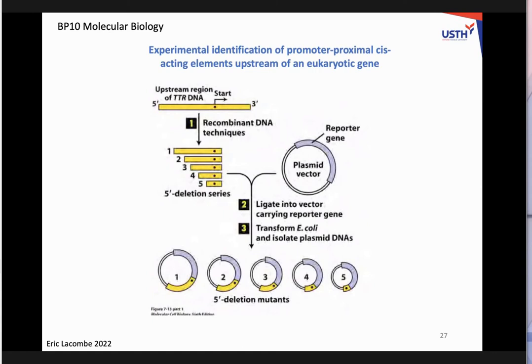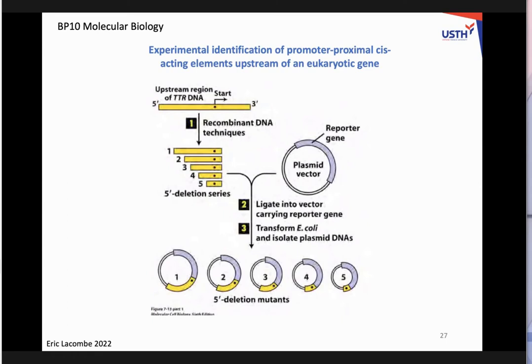This is very, very important: the notion of necessity and sufficiency to drive the expression of the gene at the right place and at the right time. So the strategy is always the same. This is an experimental strategy, completely different from the one that we saw just before, which used databases and computer-aided analysis. This is an in vivo strategy.